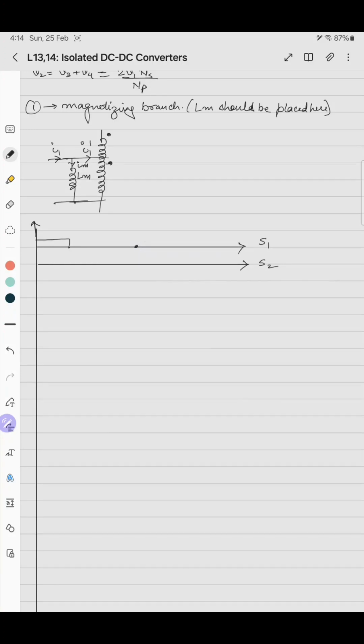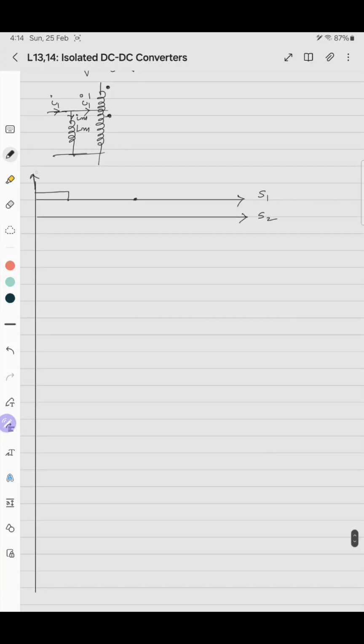This is one switching period, this is T switching. So we know that both the switches can't be turned on simultaneously.